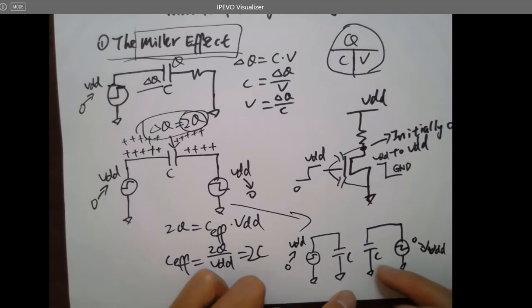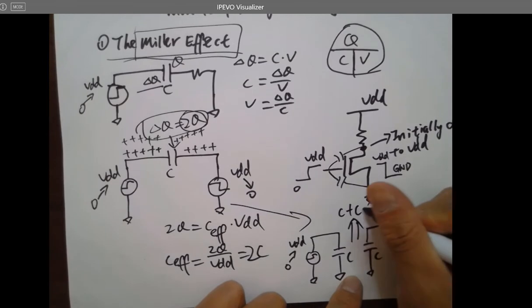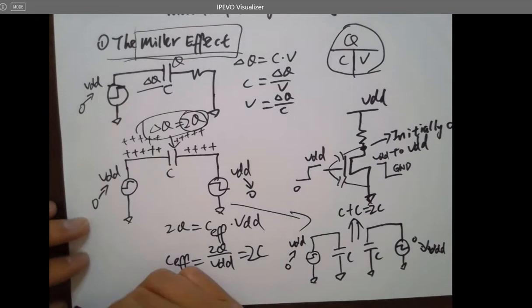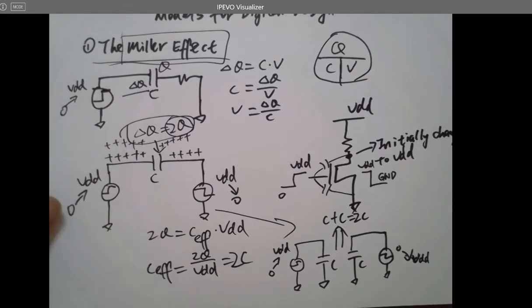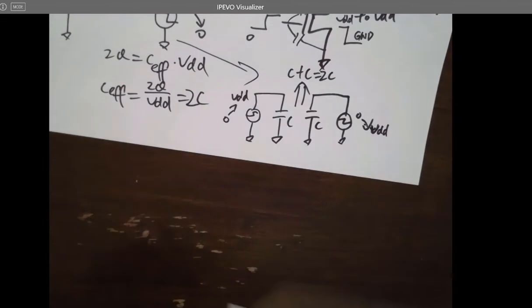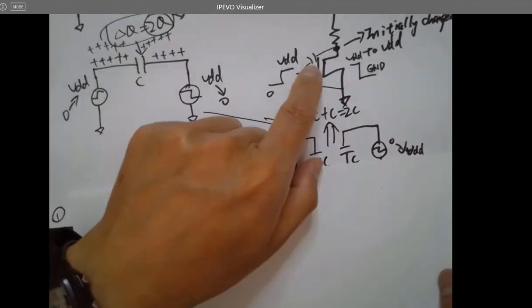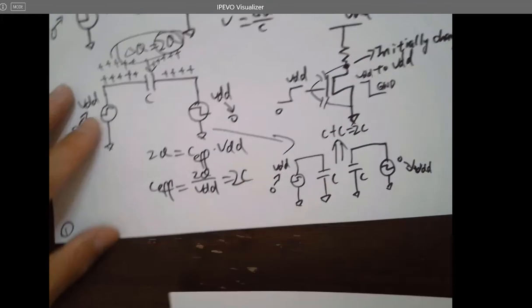So there are two C's effectively instead of one C. And this can be critical, because it's how you can understand, when you are modeling the parasitic capacitance, why the Cox here is not a half Cox, but is Cox, right?